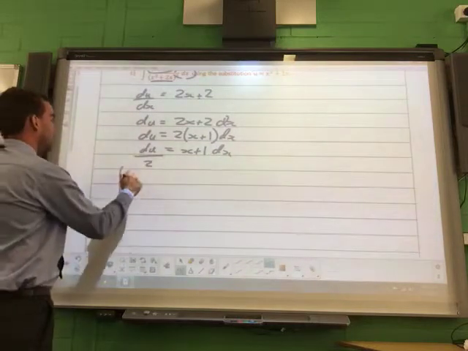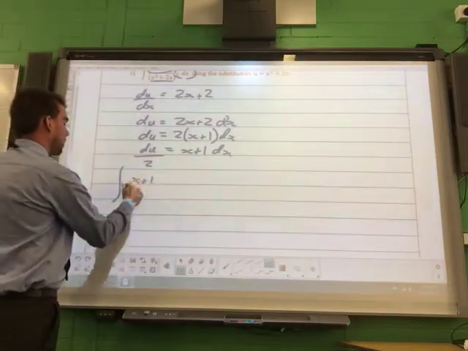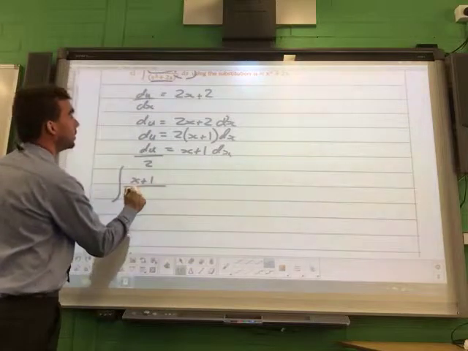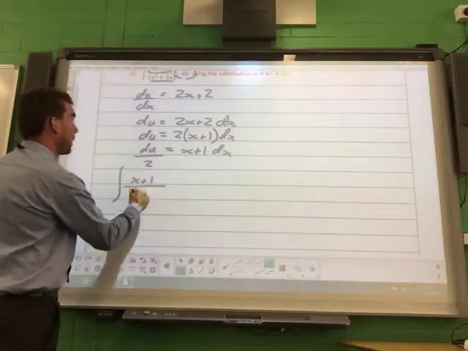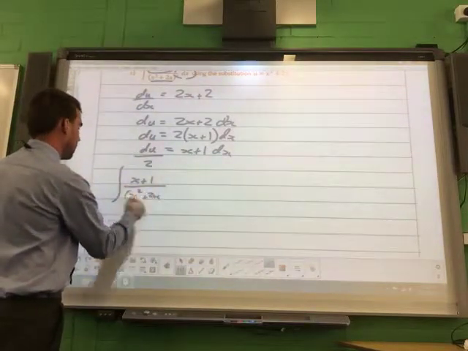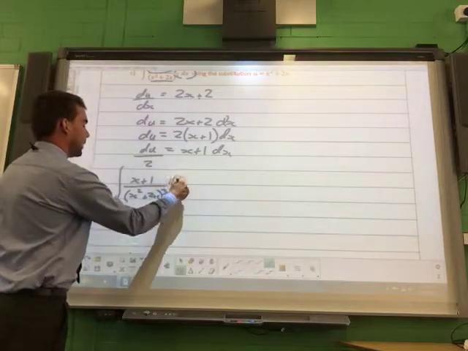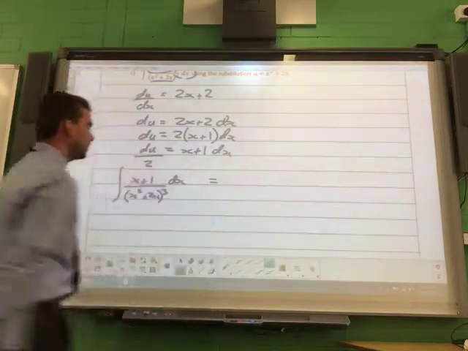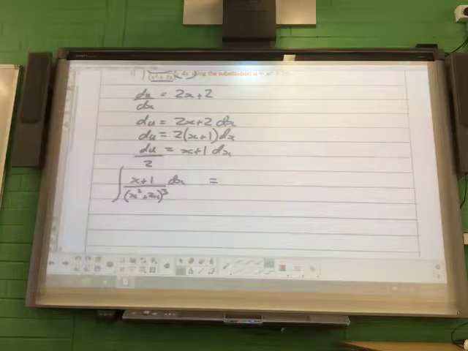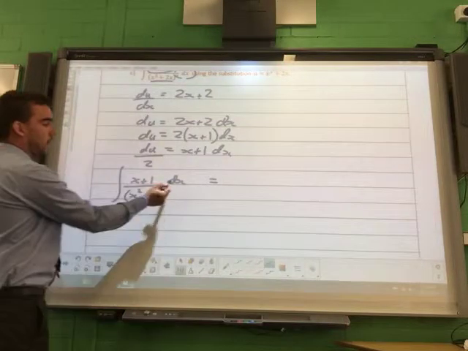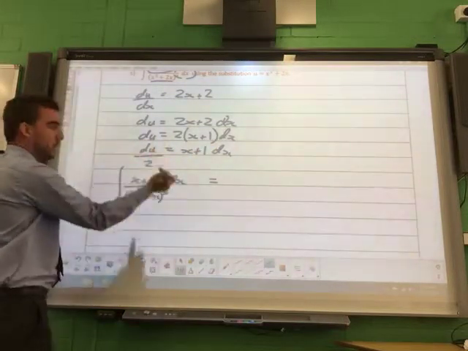So the integral of x plus 1 over x squared plus 2x, all to the power of 3 dx. So x plus 1 dx, I'm going to replace with du over 2.